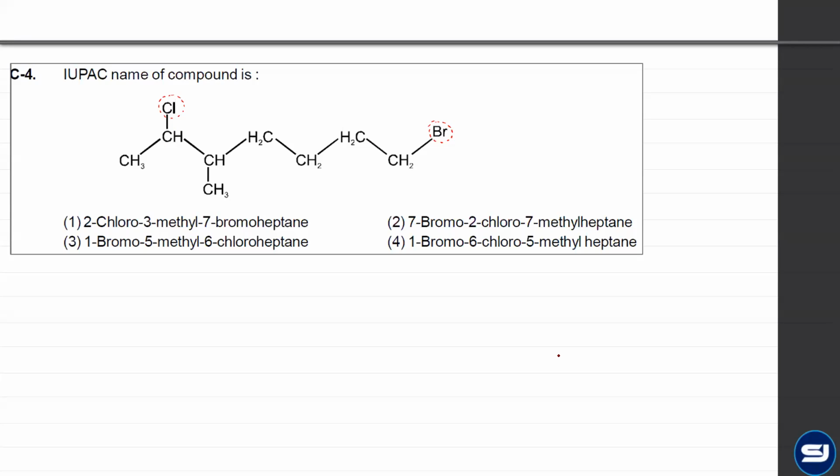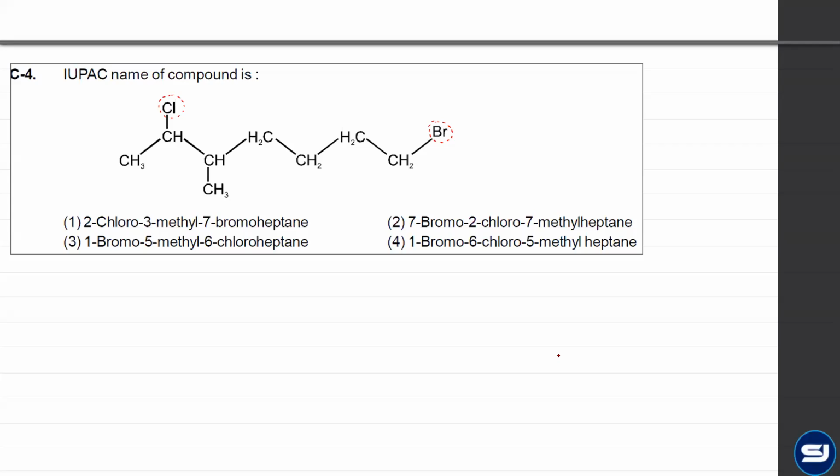And functional groups which are of least priority are always considered as substituents. Just like methyl and ethyl, similarly chloro, bromo, nitro, alkoxy, all of these are least priority groups. So in short, they will be considered as substituents only. So now, the longest chain will be of how many carbons?